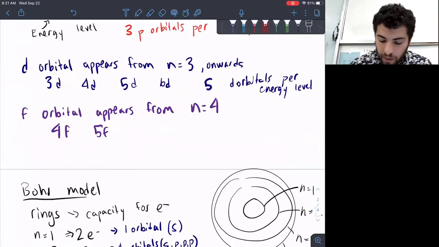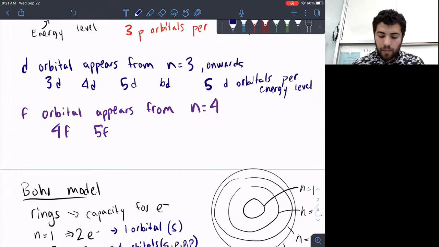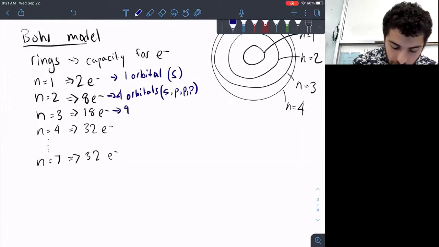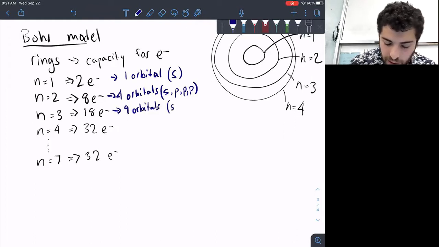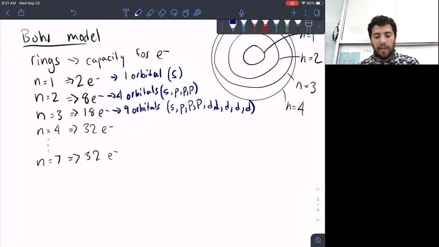I'm going to separate that d a little bit because it looks like 5 orbitals. So now when we get to n equals 3, we have 9 orbitals. We have the s, the p, the p, the p, the d, the d, the d, d, and d. And again, that's going to be 18.